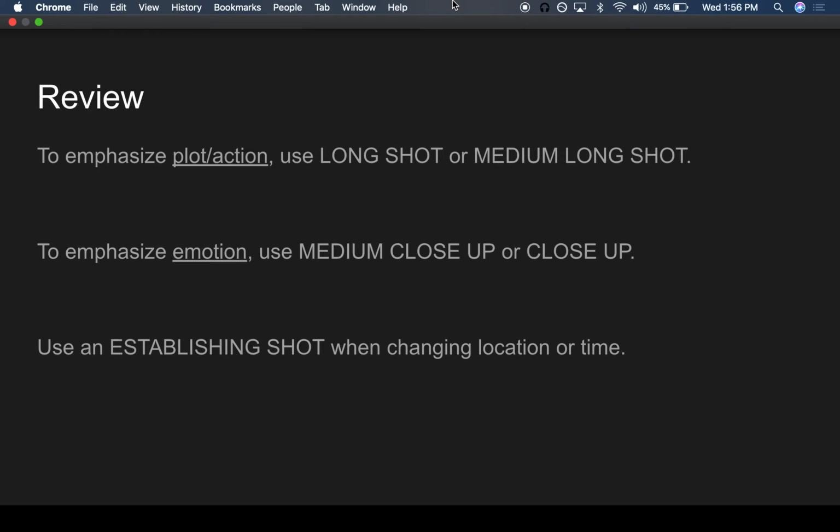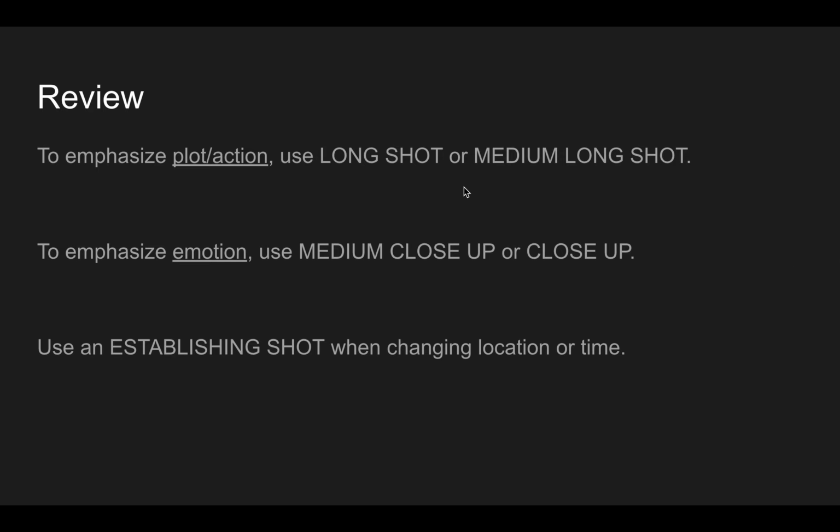Okay, quick review. If we want to take anything away from this, here's what it would be. The further we are from the characters, the further the camera is from the characters, the less emotion we're going to be able to see in those characters. So our long shots, our extreme long shots, even our medium long shots are great for conveying action or just depicting the plot, kind of moving the story forward.